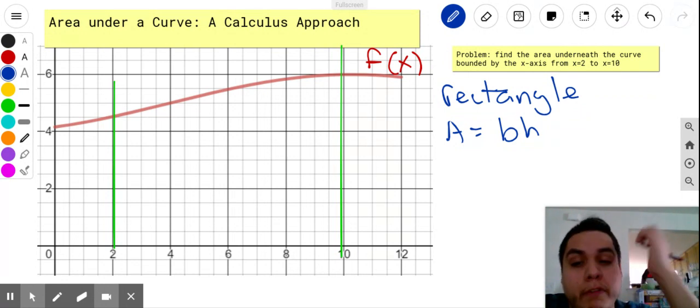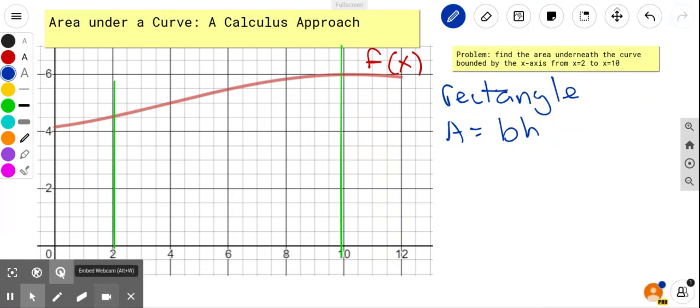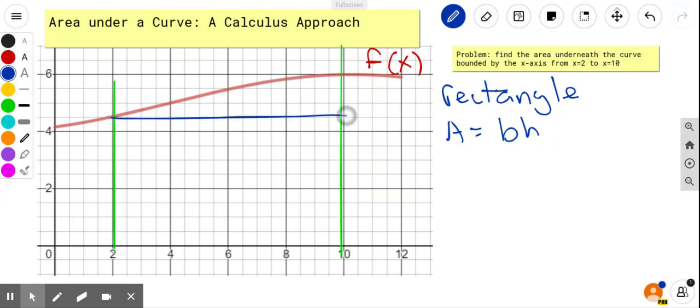But we run into a little bit of an issue right now because this is not a rectangle, right? If I try to make this a rectangle, that means I need to have two sets of parallel lines and all the angles here are right angles. But if I visualize it this way, right, here's my rectangle.